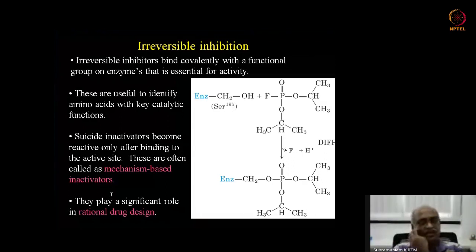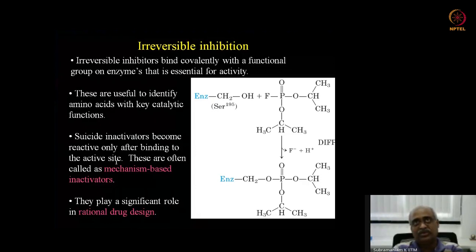And there are some versions of these inhibitors. They are called mechanism-based inactivators, and they are also called suicide inactivators. That is because they become reactive only when they bind to the active site.